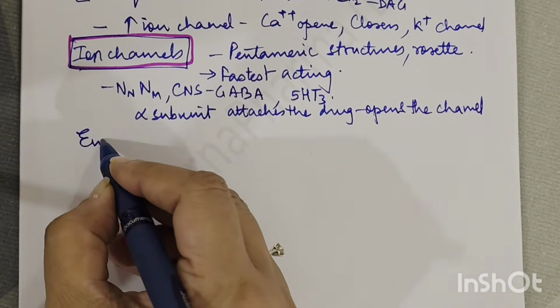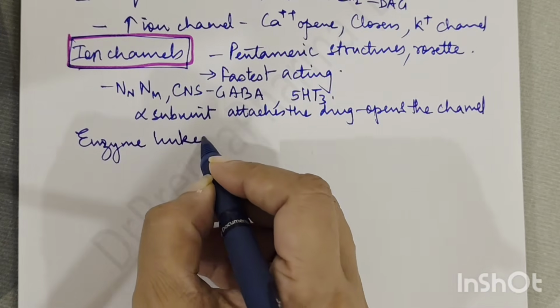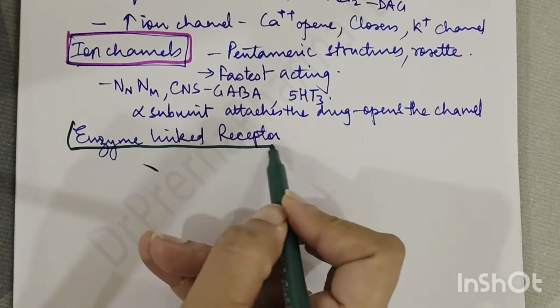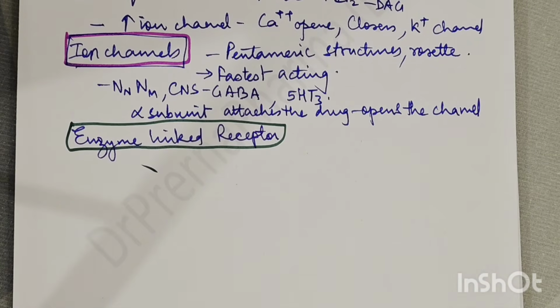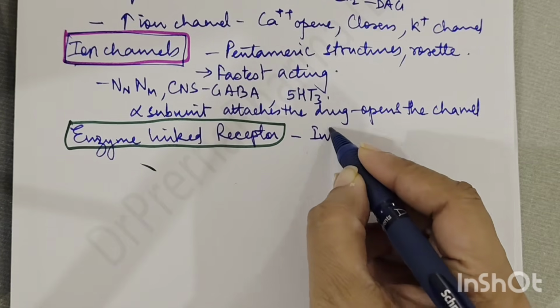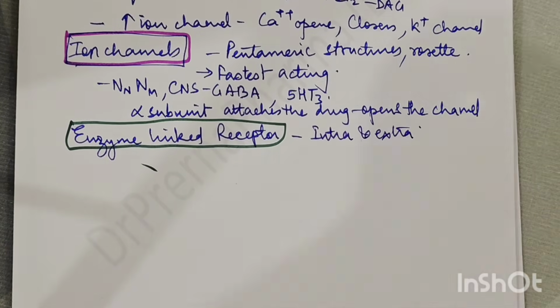The next receptor is enzyme linked receptor. Okay, now what is enzyme linked receptor? Enzyme linked receptor is basically present in the cell membranes, and it has an intracellular and an extracellular unit, right?